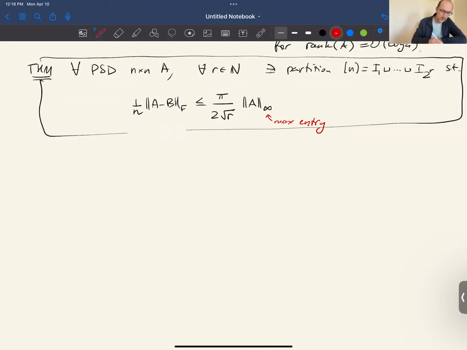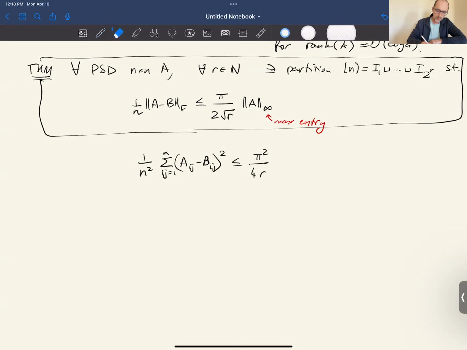Maybe just to understand what this really means and why this normalization is natural, let's square both sides. On the left-hand side, we have this squared. The right-hand side will have this maximum P_ij.